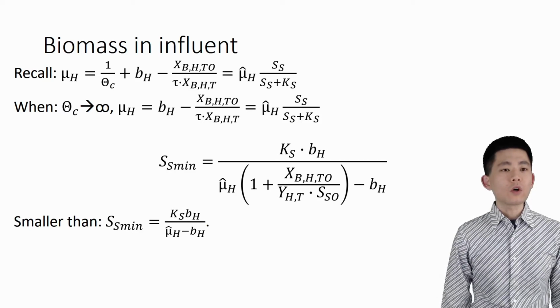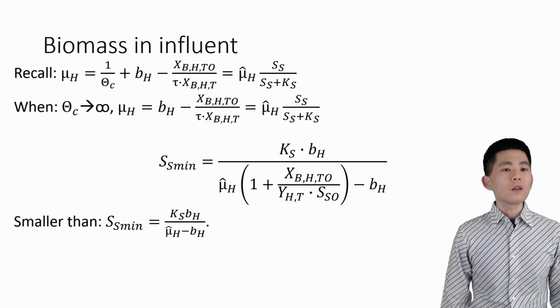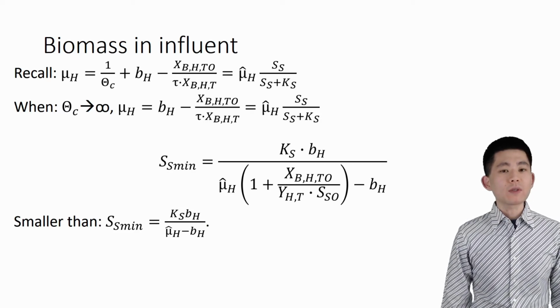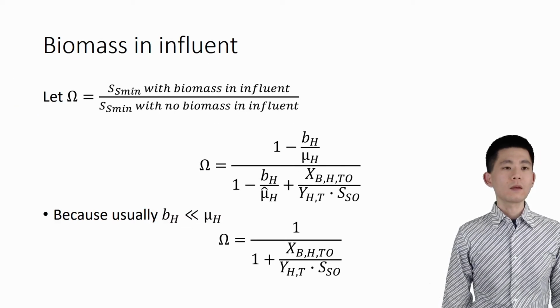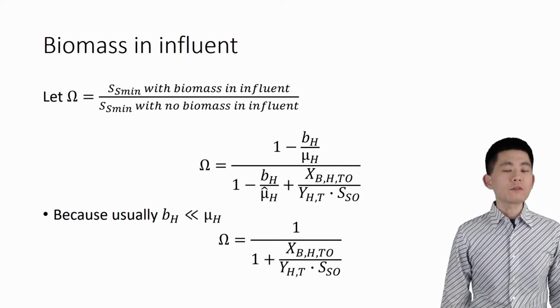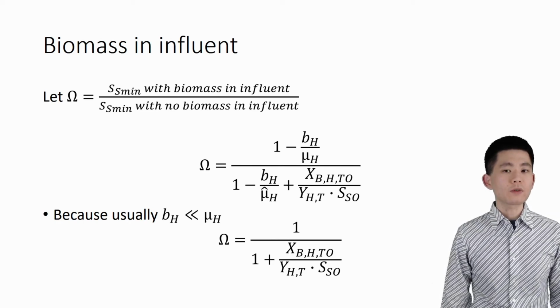Compared to no biomass in influent, a lower minimum SS can be achieved with biomass in the influent. Let omega be the ratio of minimum soluble substrate concentration with biomass in the influent to that without biomass in the influent.